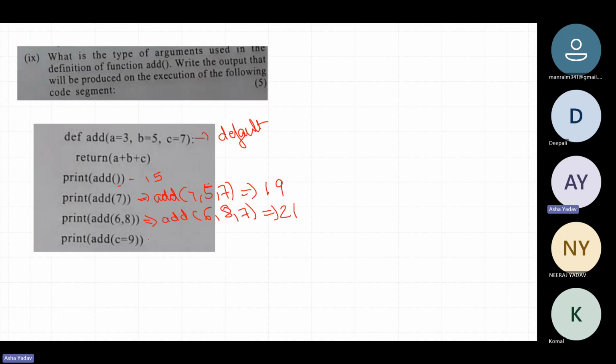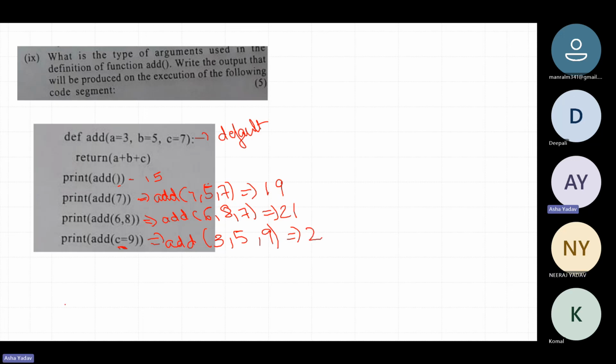Further, here you have specifically mentioned that you are giving the parameter C. So whenever you give the name of the parameter, the value will get assigned to that parameter only. यहाँ पे name नहीं दिया था तो 1 2 3 4 ऐसे value assign होगी first parameter को, second parameter को. यहाँ पे name दे दिया है, so the value will get assigned to that parameter. So it will be 3, 5 and 9 and the output becomes 20.